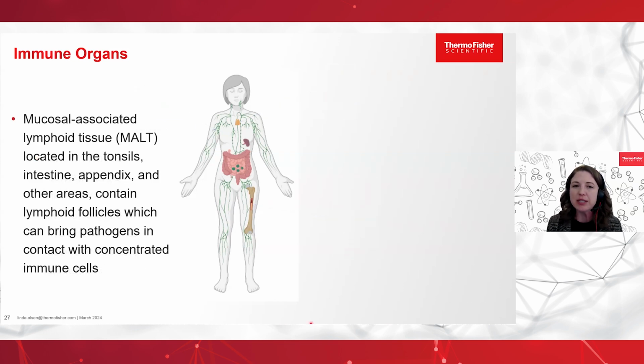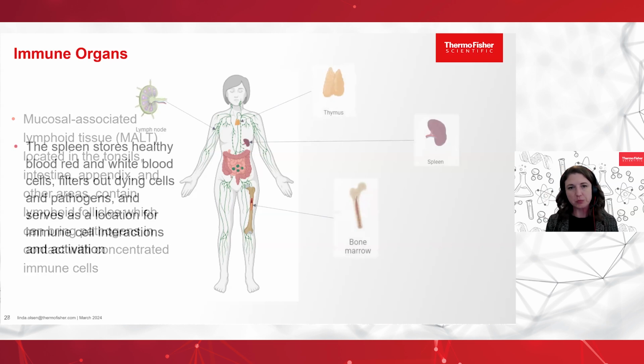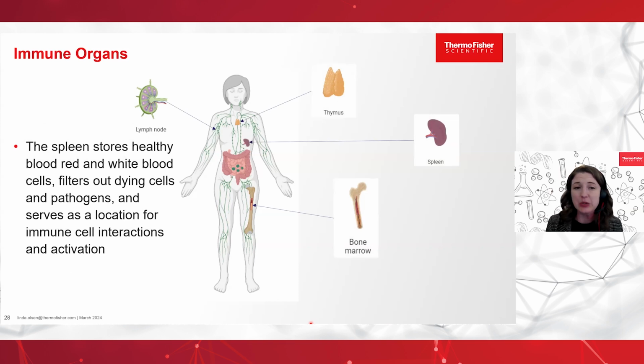We have mucosal associated lymphoid tissue or MALT located in the tonsils, the intestine, the appendix, and other areas. These contain lymphoid follicles, which can also bring pathogens in contact with concentrated immune cells. The spleen stores healthy red blood and white blood cells, filters out dying cells and pathogens, and serves as a location for immune cell interactions and activation.